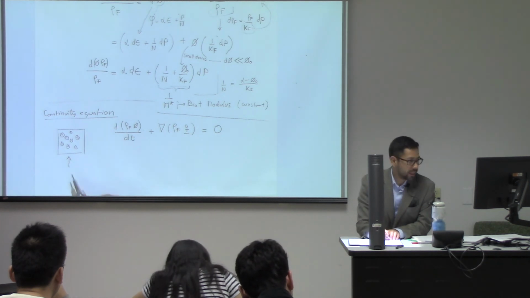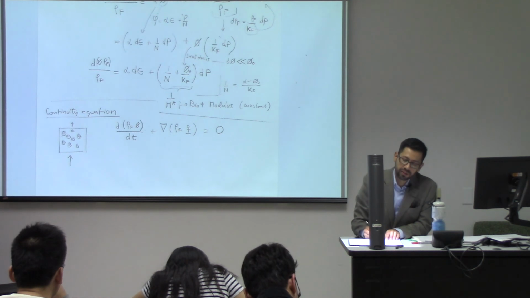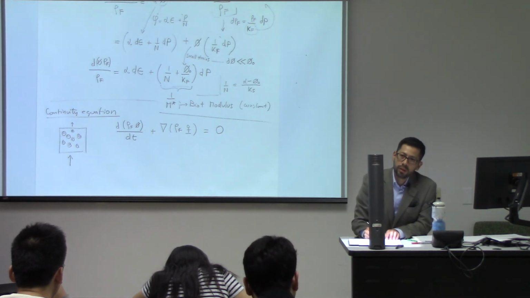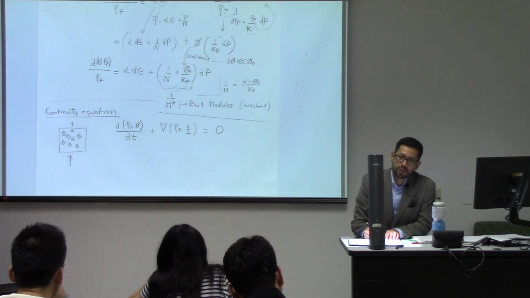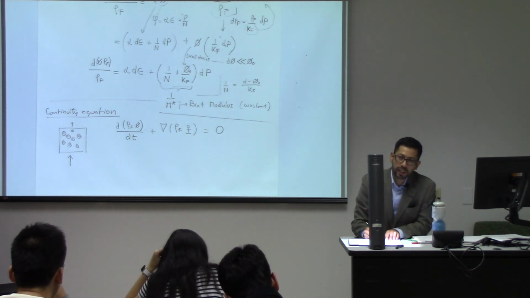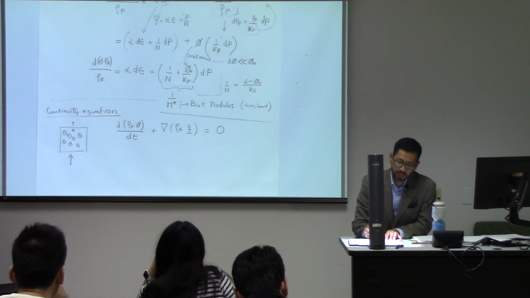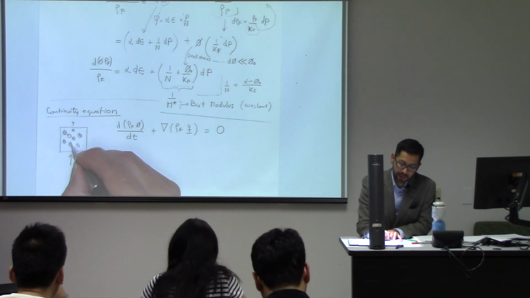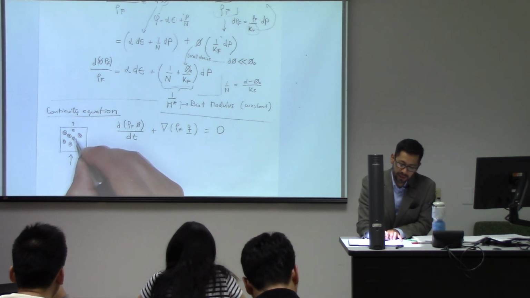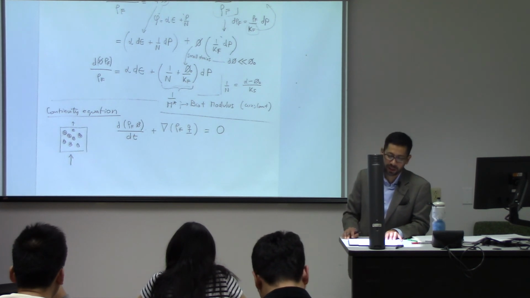So for example, let's say that we inject 1 unit in this direction and you get 0.5 in this direction. Where is that fluid going? Is it getting into a black hole? Not very likely, right? Unless you are at a very high mass density point, but we'll not get into that.